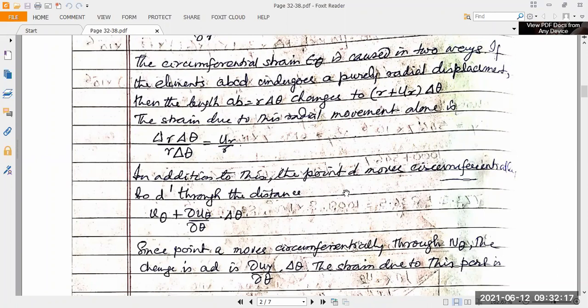So u theta plus delta u theta by delta theta multiplied by delta theta is the circumferential length. Since point A moves circumferentially through u theta, the change in AD is given by d u theta by d theta.